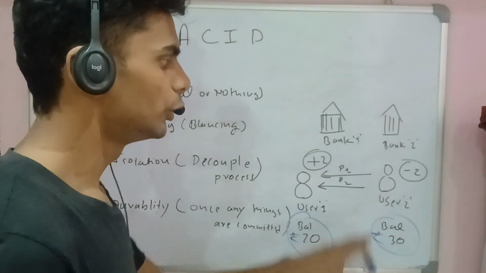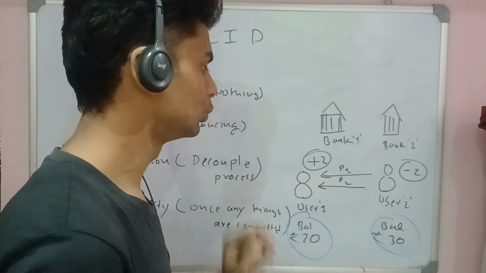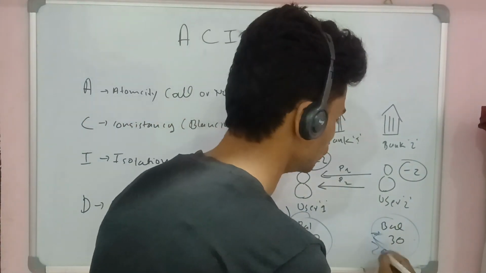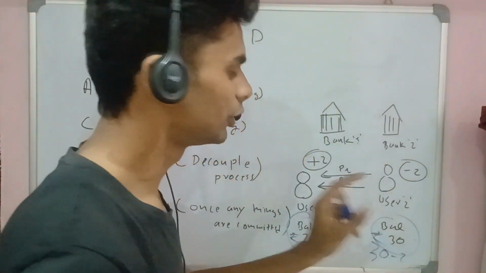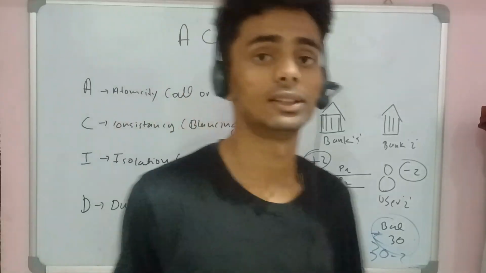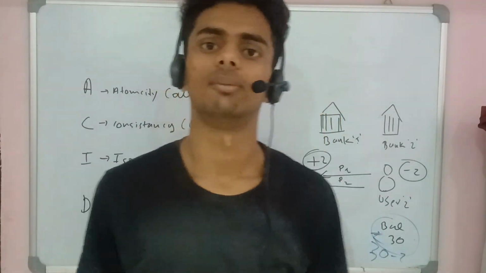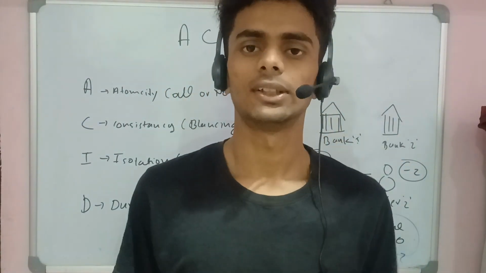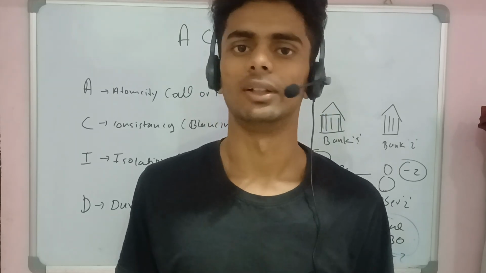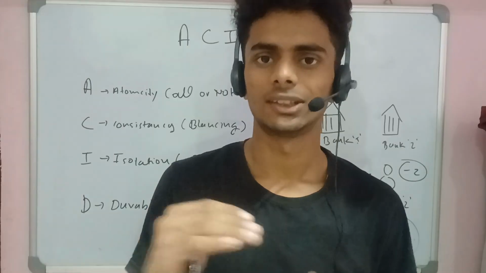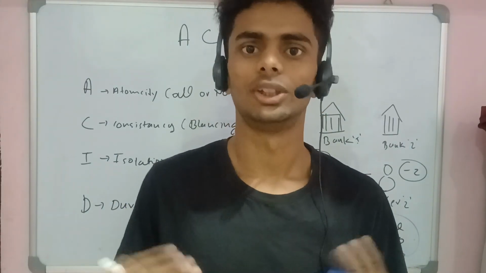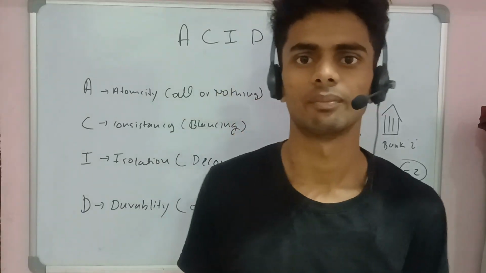When user 2 sends 2 rupees to user 1, we need to reduce 30 minus 2 on one side and add 2 on the other consistently, without any waiting. After the transaction happens, we deduct and we add, so the debit and credit are done accordingly. That's consistency. We need to balance both accounts' numbers consistently without any excuses.